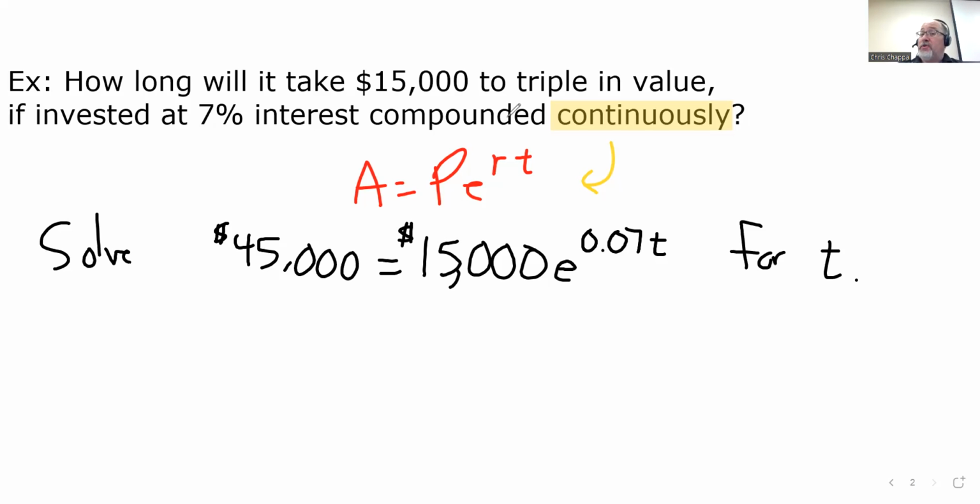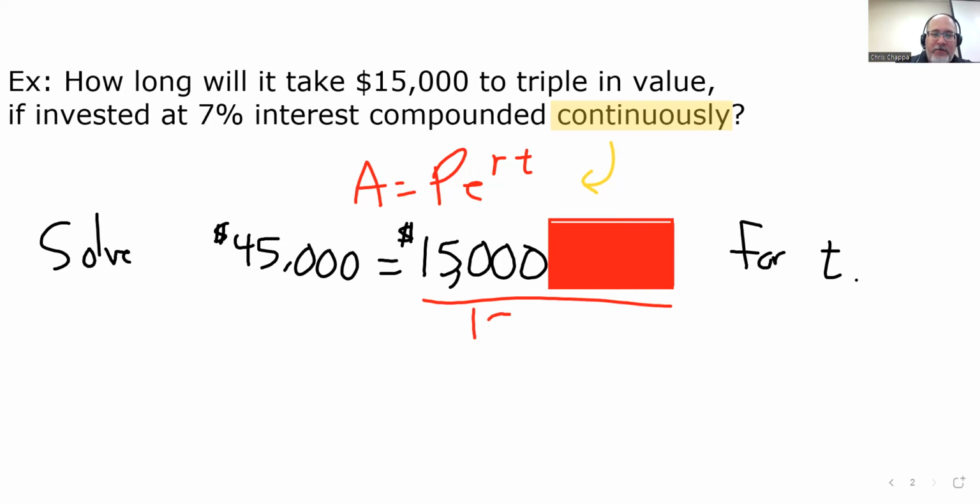So it's just an exponential equation. We have a strategy for doing that. Move number 1 is to isolate the part with the exponent. Who has the power on it? Only the e. So our primary goal is to get this red rectangle by itself, which is currently being multiplied by 15,000. That's easy. Divide both sides by 15,000.